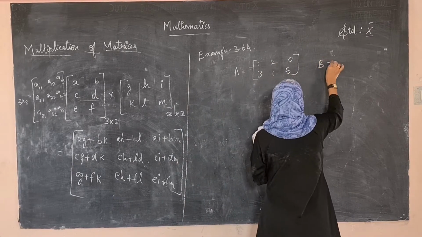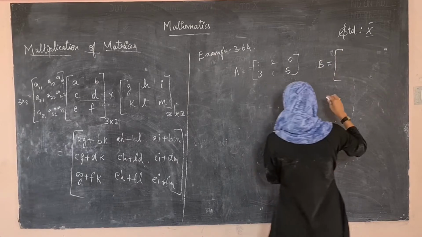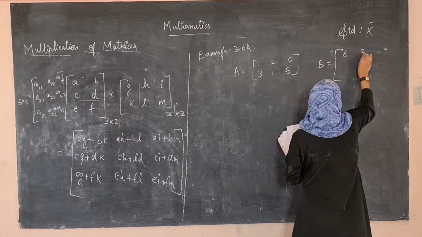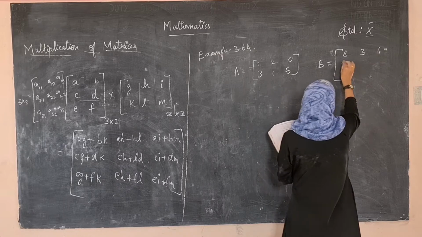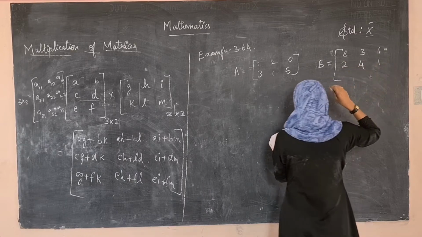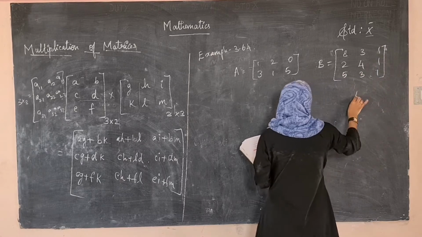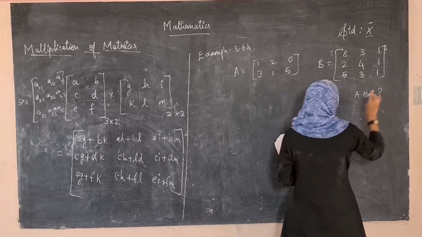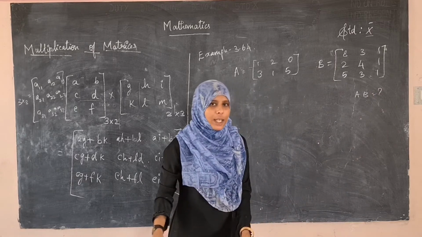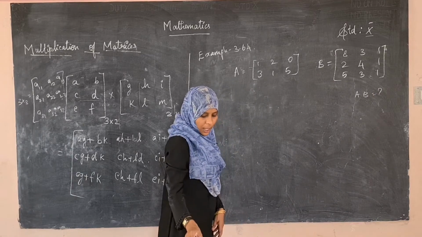And B: 8, 3, 1, 2, 4, 1, and then 5, 3, 1. They have asked us to find AB, that is A into B, the multiplication of the matrices A into B.